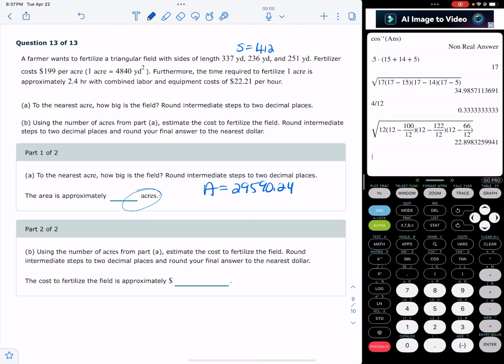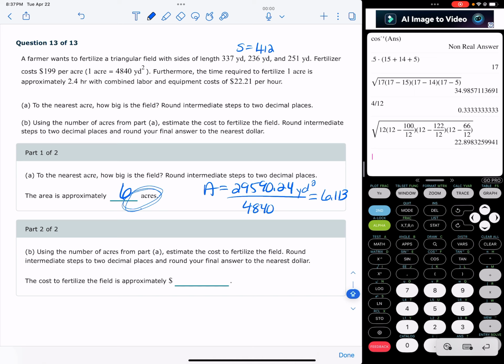But this question is asking how many acres, and this would be our yard squared. So they give us the conversion that 1 acre is 4,840 yards squared. So we would need to divide this, and this is what you get, and so it ends up being about 6 acres.